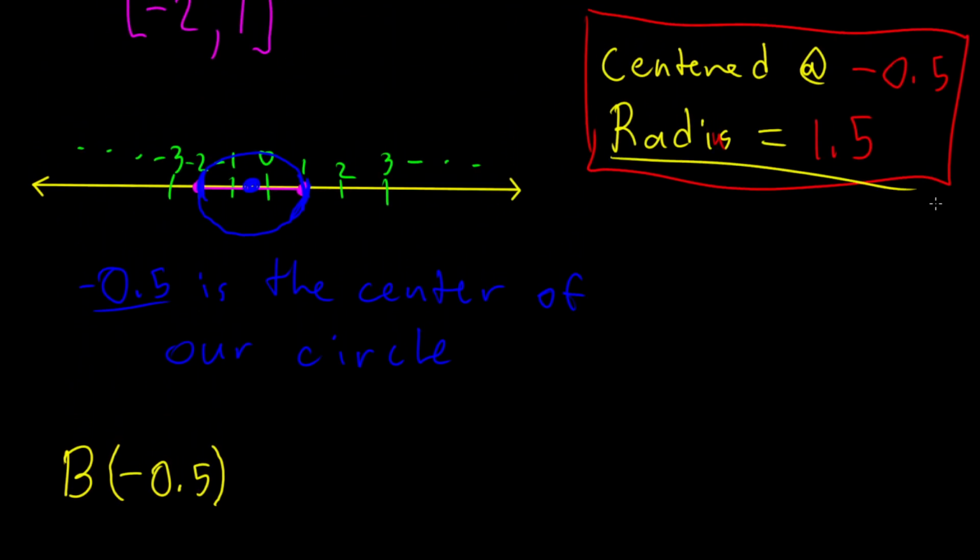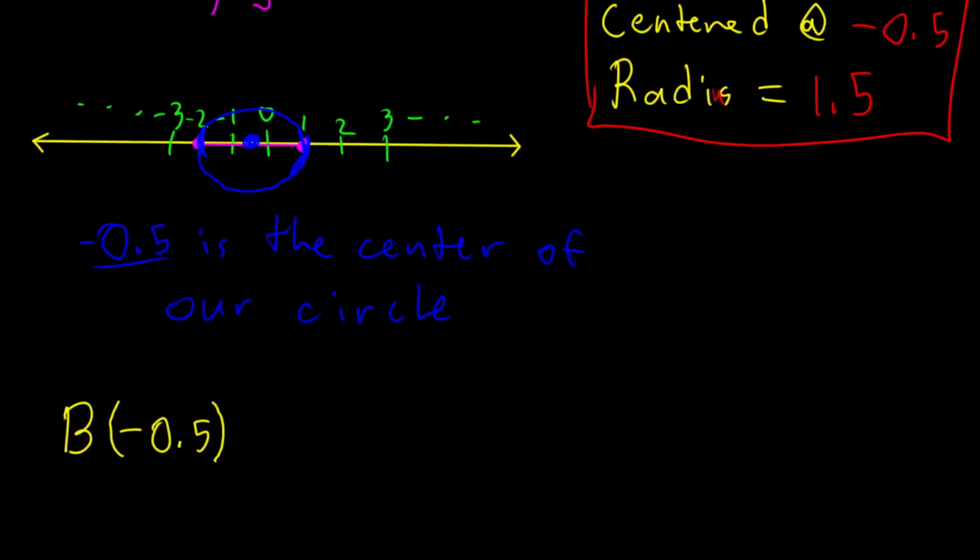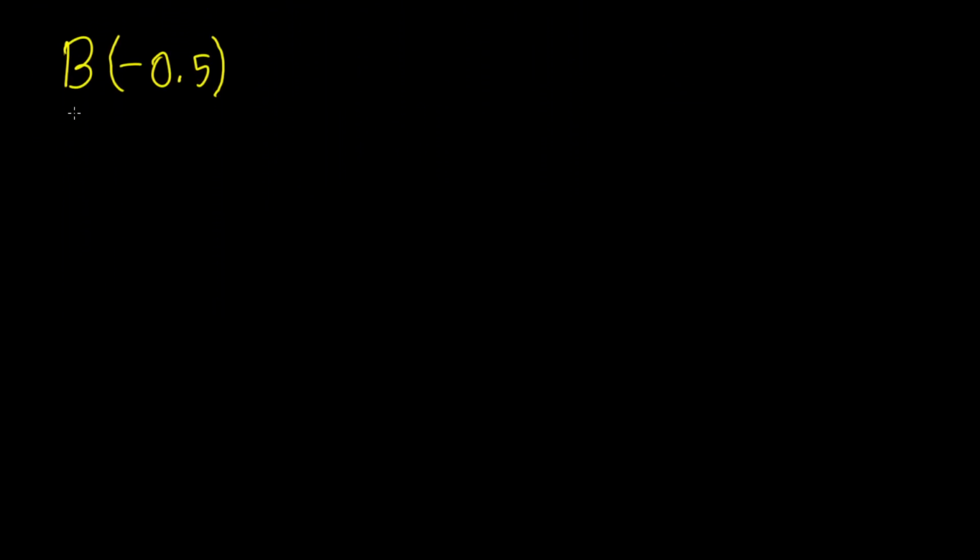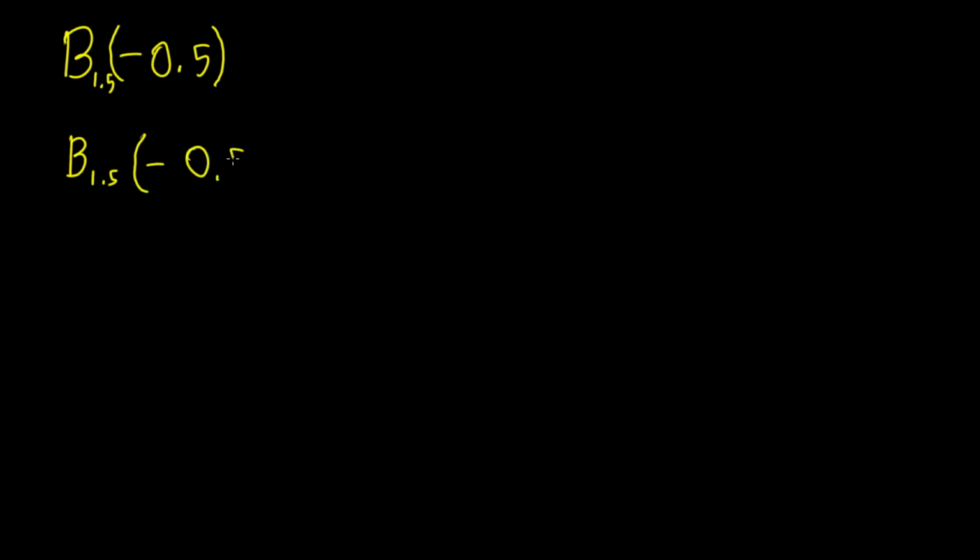Now, the radius, we squish it down here. So the radius was 1.5. So we would write 1.5 down here. So to clean that up a bit, b sub 1.5 and then negative 0.5.